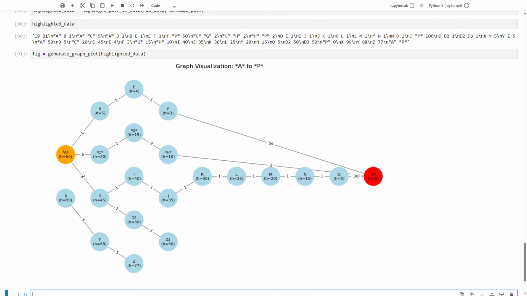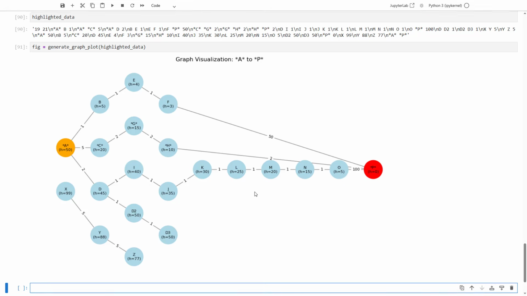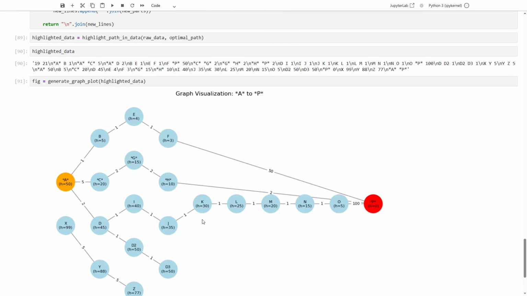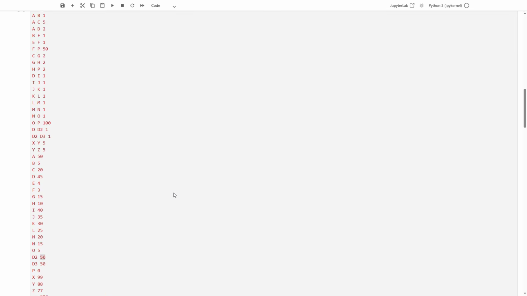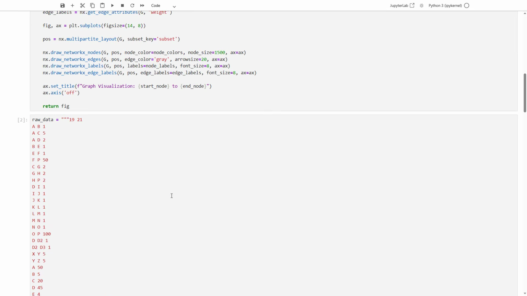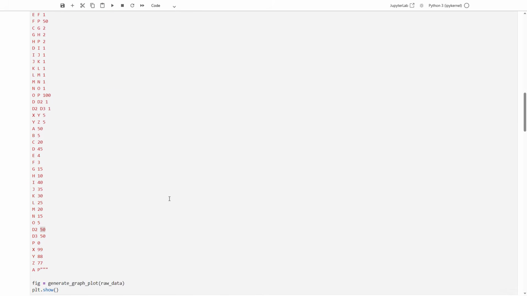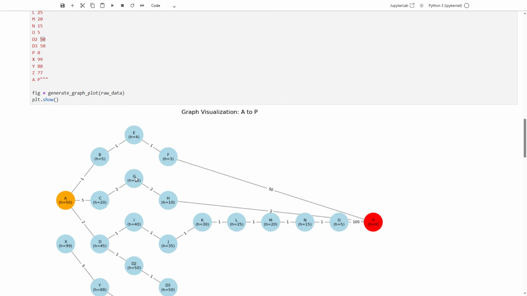But the thing is that it's good if we can prove it somehow. So let's change or prove that actually A star is somehow smarter than Dijkstra. I mean, the idea is to improve. So in our map, actually ACG is the shortest.